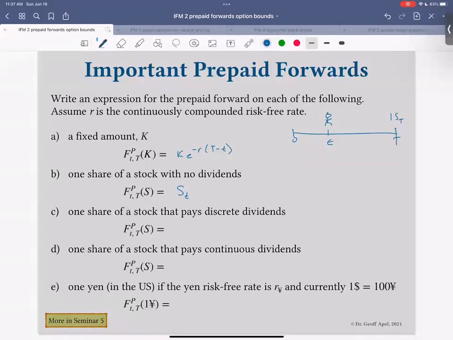What about if the stock has discrete dividends? Well, we could go the same way, and say, if I want to get exactly 1 share later, I could pay the current price. But if you did that, that's a little bit wrong, because you wouldn't receive the stock till later, but you'd pay full price now. Somebody else is going to keep the stock, and they're going to get those dividends.